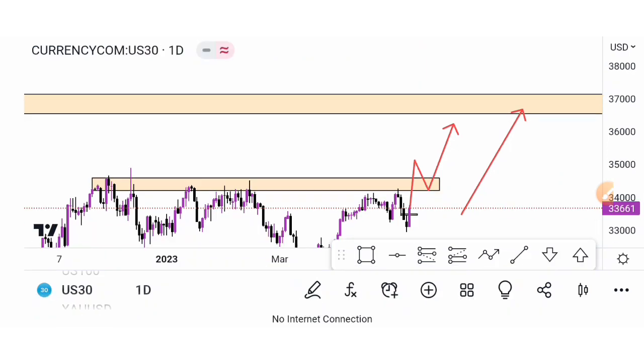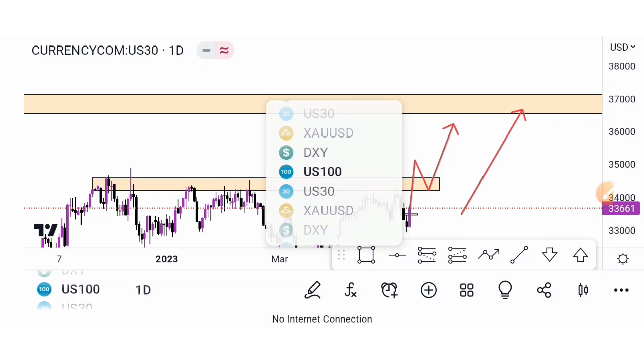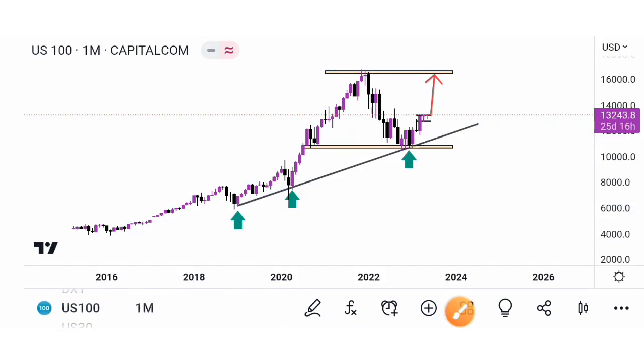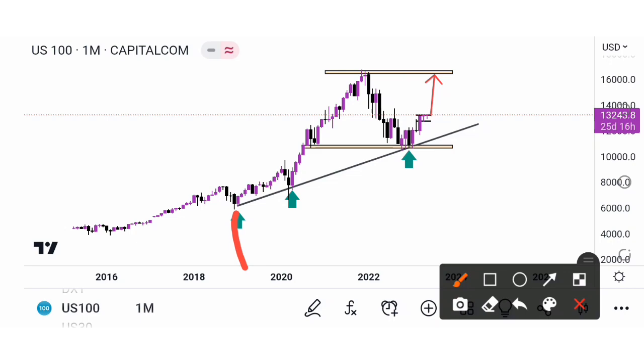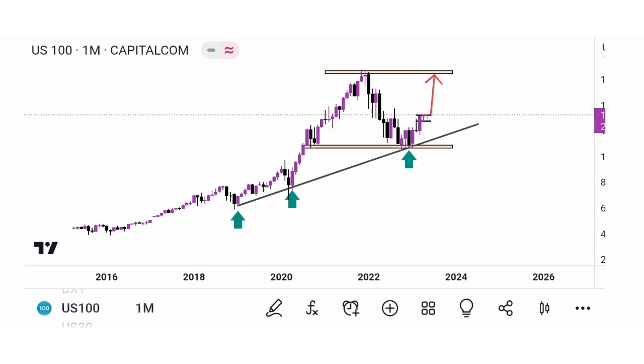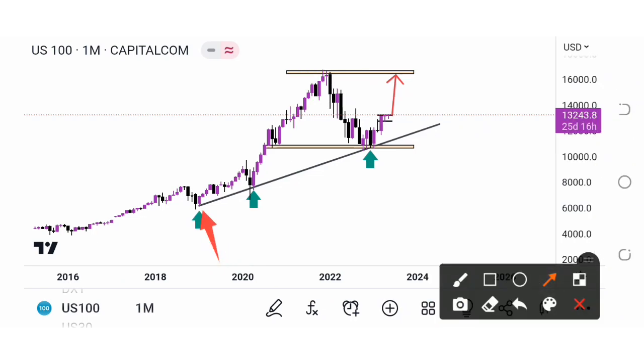And now going to our last pair of the day, which is Nasdaq US100, and as you can see, I'm also bullish on this pair on the daily time frame. The reason for that is because we do see here that we have a very clear trend line that has been supported a first, second time, third time, and now our last resistance was at this area over here.